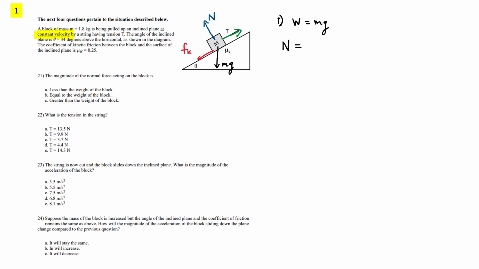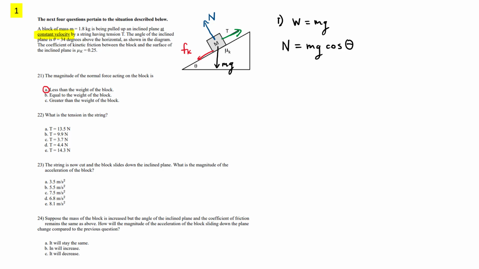So the normal in this case is mg cosine of theta. If I compare this to the weight up above, you should be able to convince yourself that the normal force is going to be less than the weight, because you have the weight, mg, in the front, and then it gets multiplied by cosine of theta. So less than the weight of the block, A, is the best choice for this first problem.